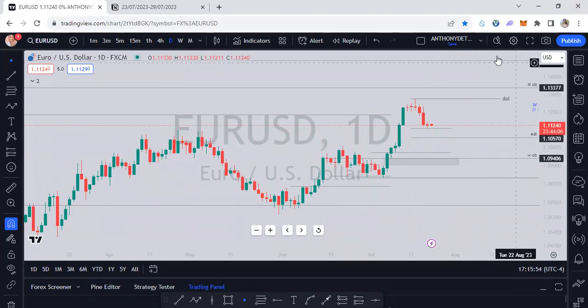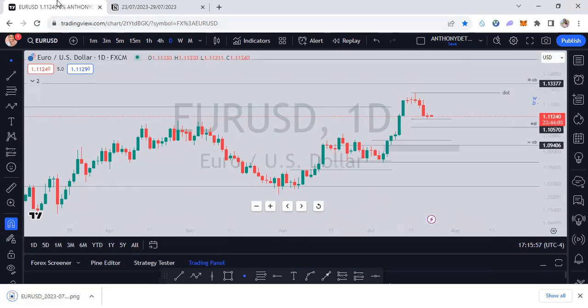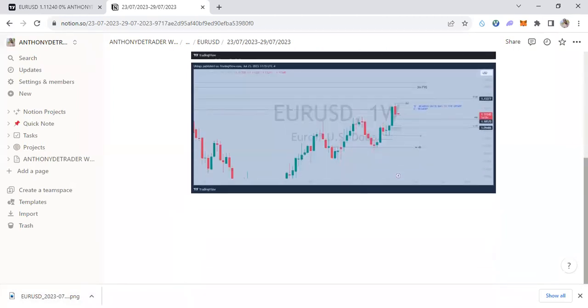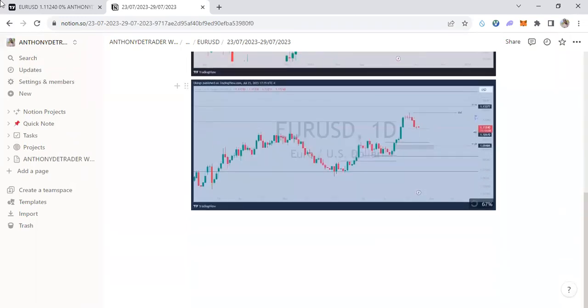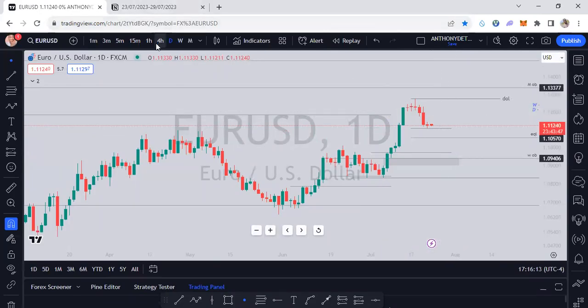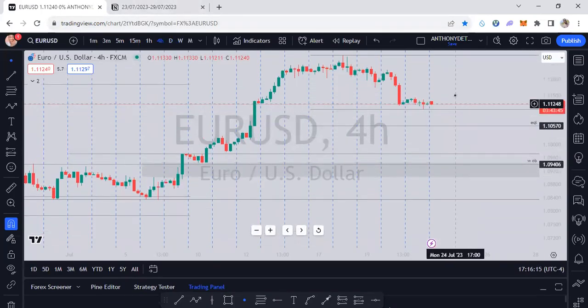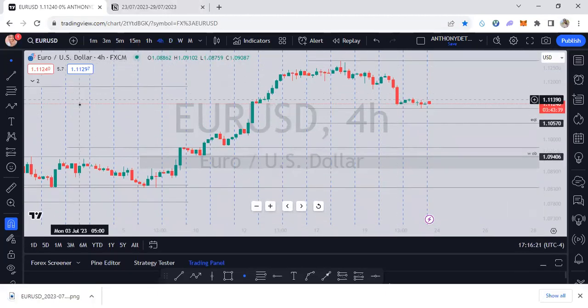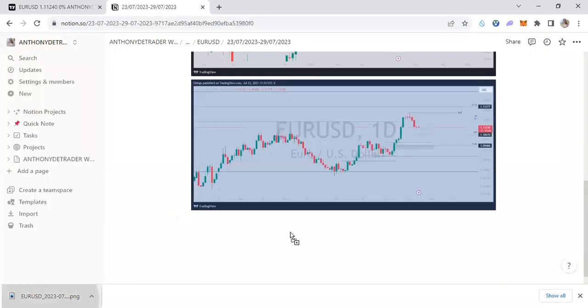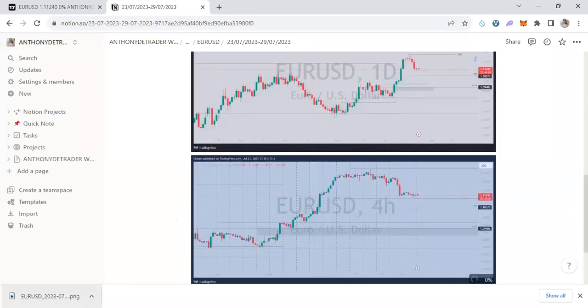Take another snapshot. We drag it under. Then the last, 4-hour time frame for the pre-market analysis. Take a snapshot. So this is it for my journaling on my weekly IOF.